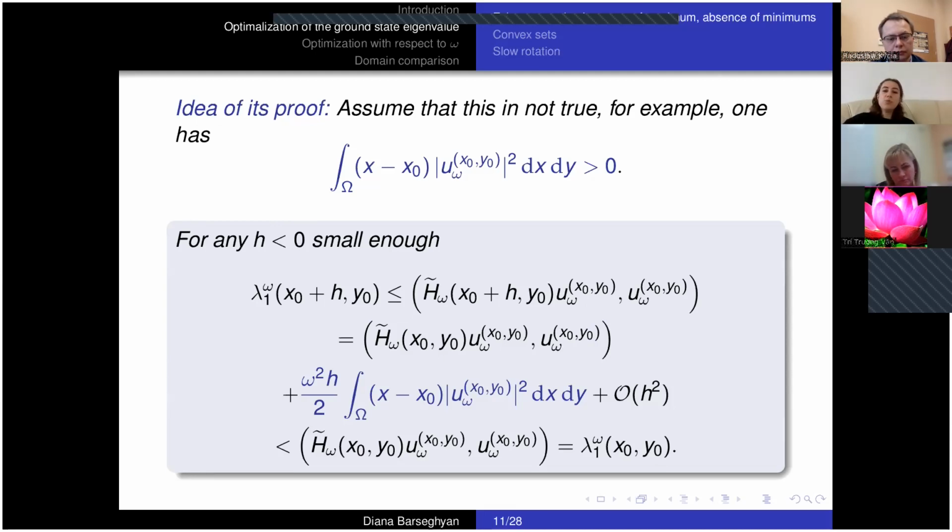And since we suppose that this integral is positive and h is negative, it follows that the second component is negative. And since the last component has order 2, this expression is less than what we have in the last line. And of course, this is the ground state eigenvalue corresponding to x0, y0. So here we prove that, supposing that x0, y0 is the point of extremum, lambda 1 omega at x0 plus h, y0 is no larger than the unperturbed eigenvalue.